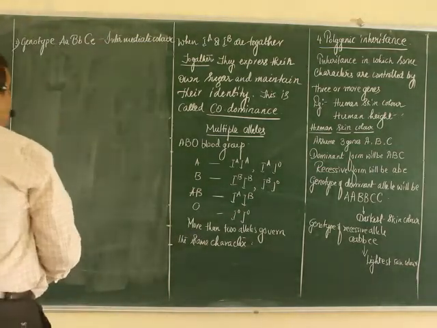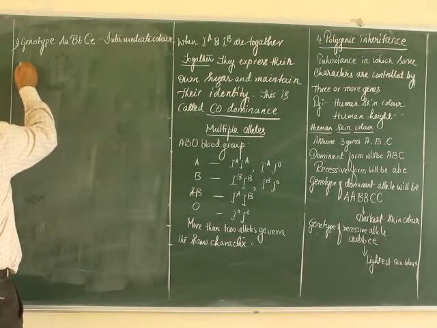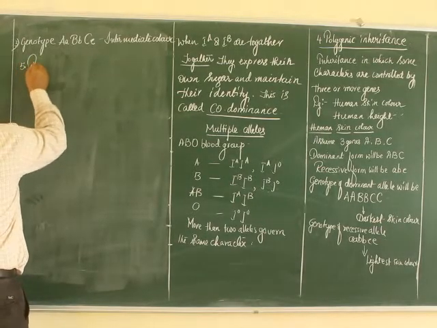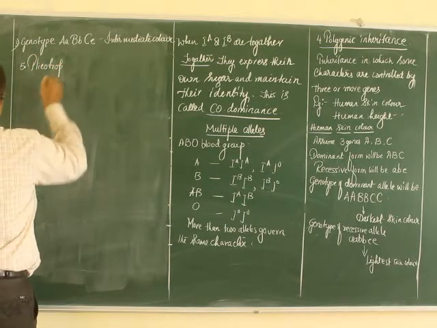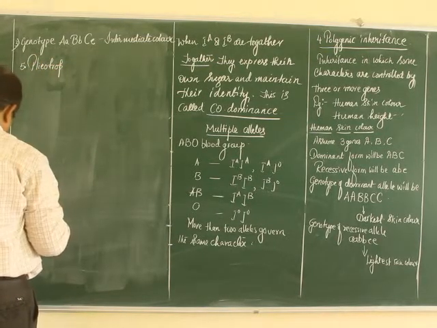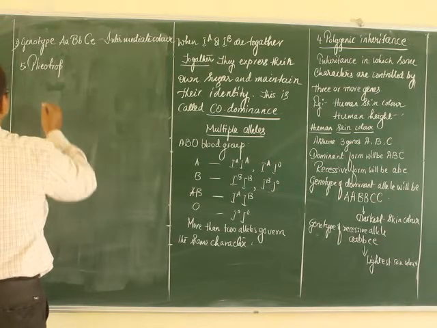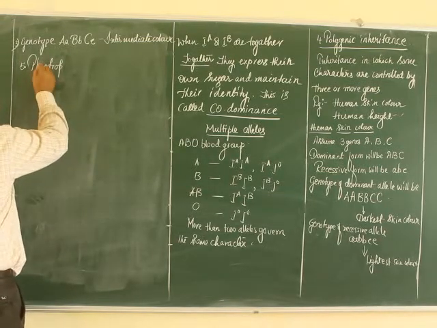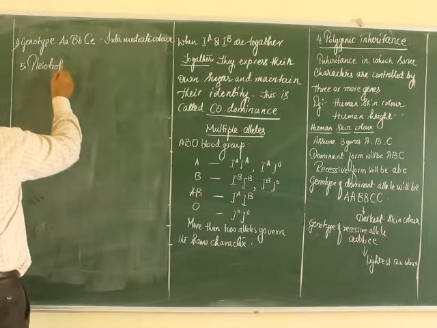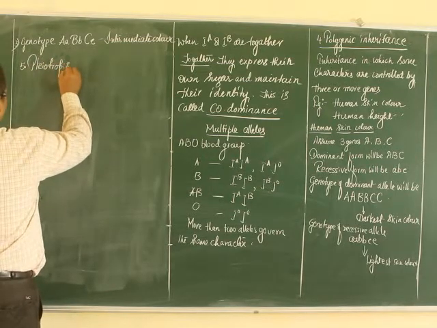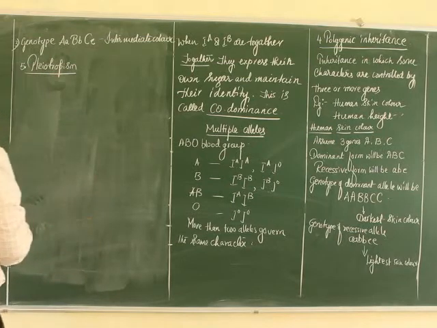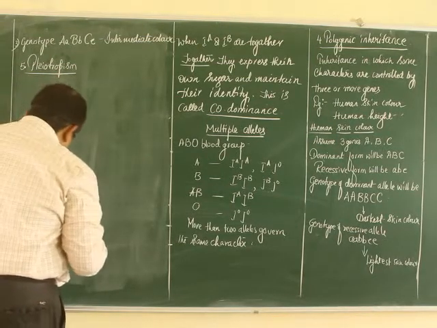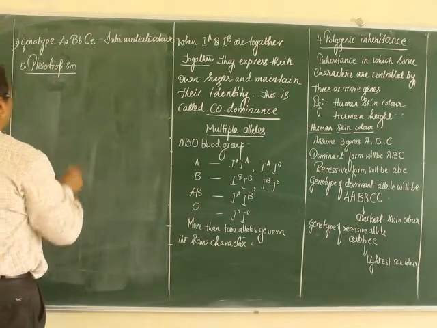Now, fifth one, we will discuss the next aspect, that is pleiotropism. A single gene exhibits multiple phenotypic expression.